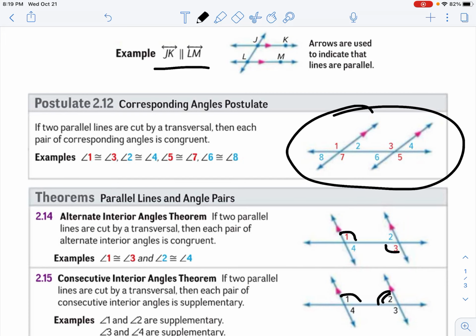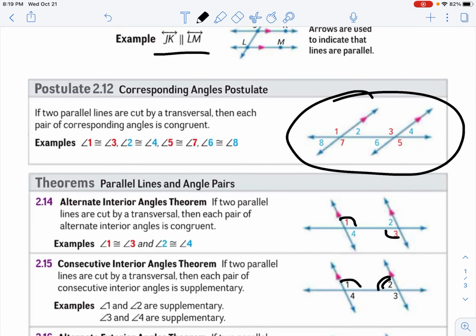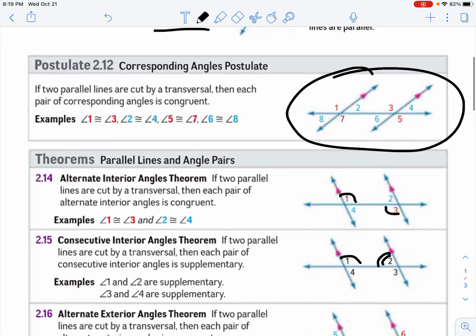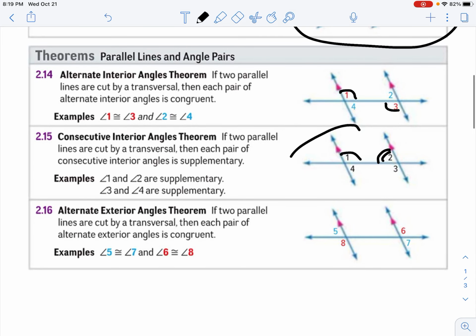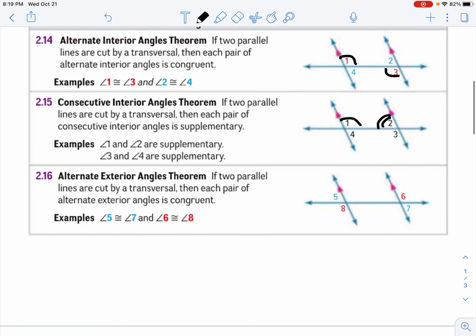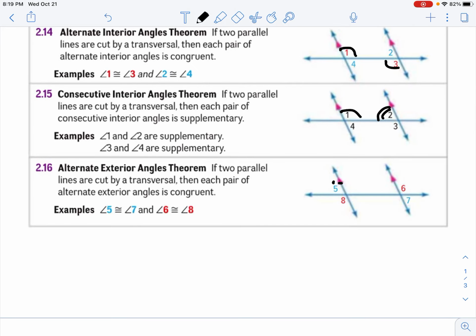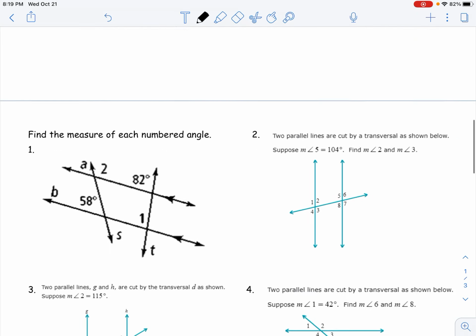Any two angles that you pick on this transversal, they're either going to be supplementary or congruent. And these ones happen to be supplementary. As you can see, one's acute and one's obtuse. They would have to be supplementary then. Alternate exterior, here we have an acute angle, and we have another acute angle. That must mean they're congruent because it's only one of two options. They're either congruent or supplementary.